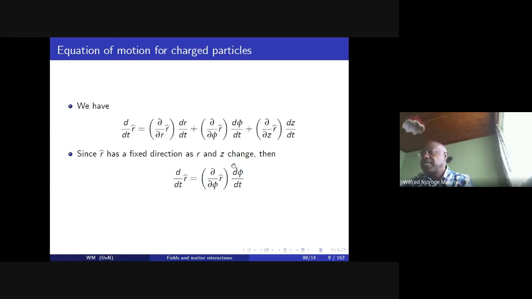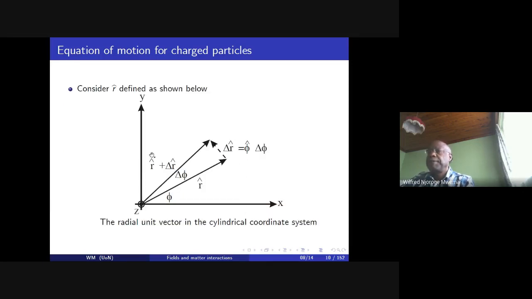If you see, this is the rate of change of the angle around the circle, and therefore this is what we usually call omega, or the radian frequency, the angular velocity. Okay, so consider this equation here.